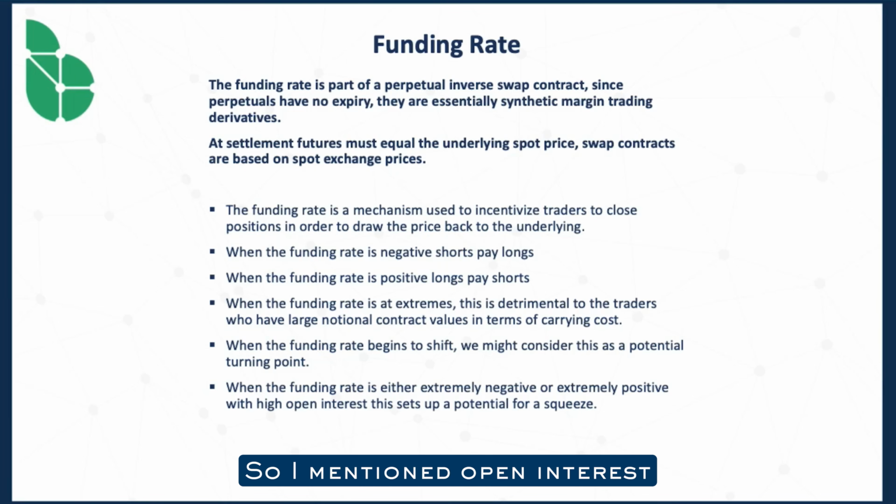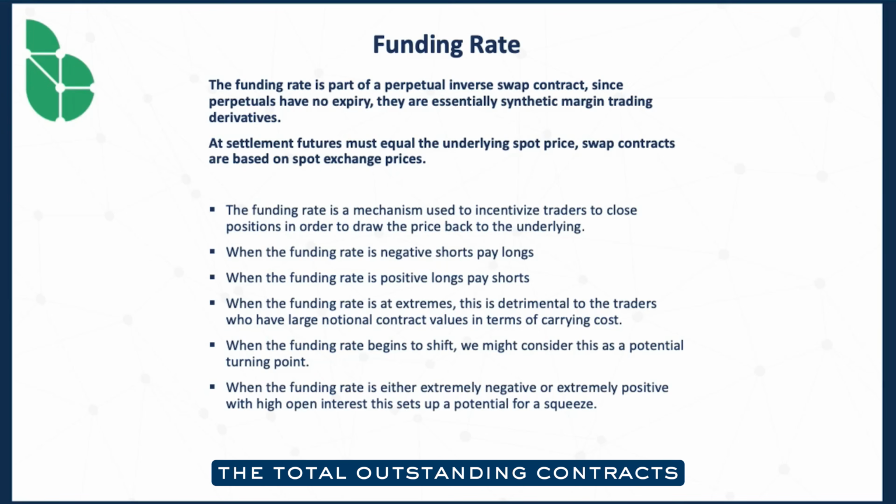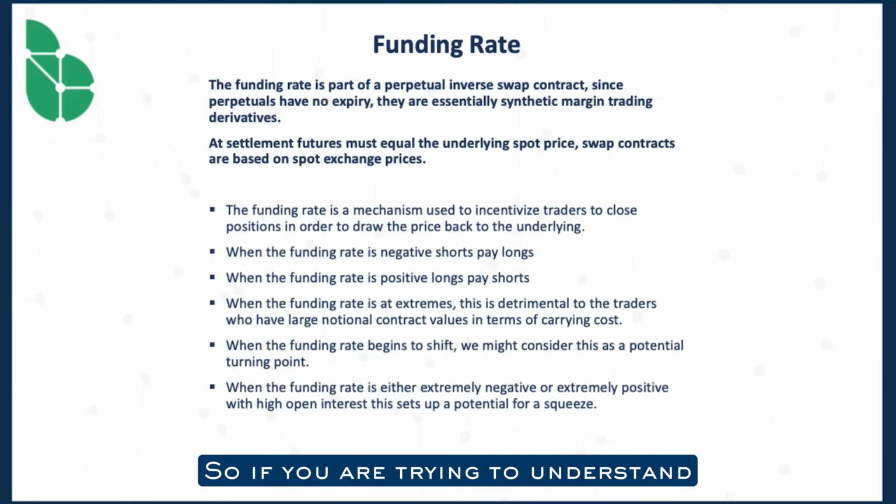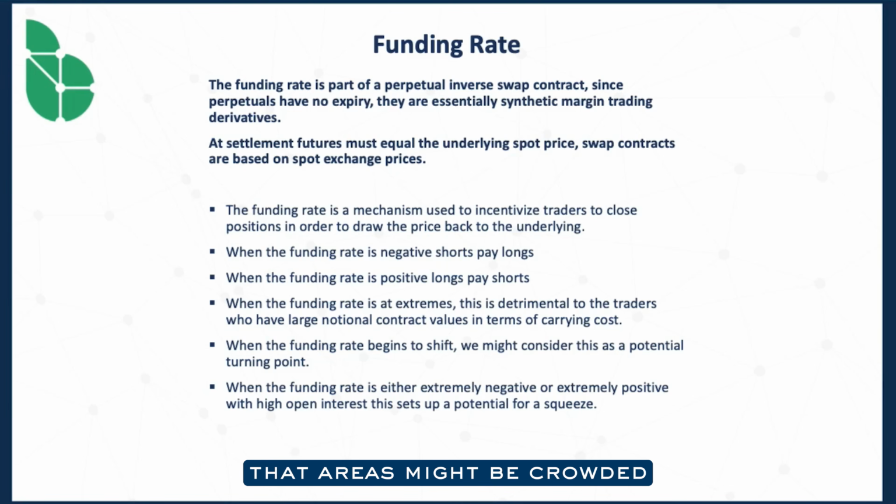So I mentioned open interest. This is not volume. This is rather the total outstanding contracts. So if you are trying to understand what this means, think about how I mentioned that areas might be crowded.